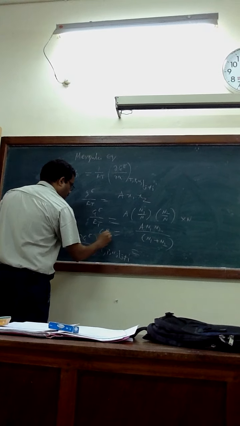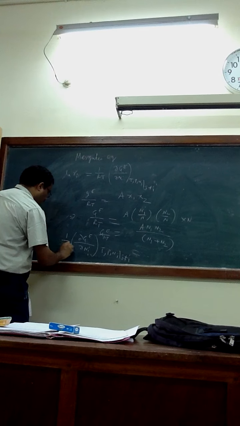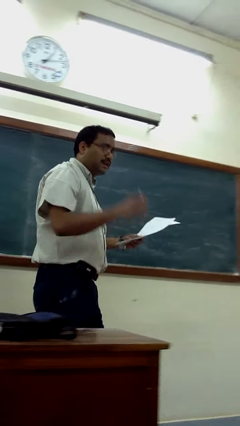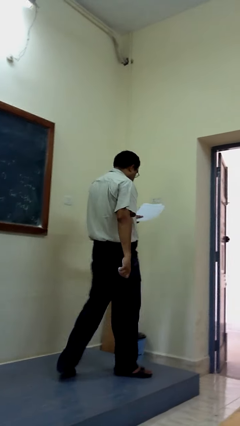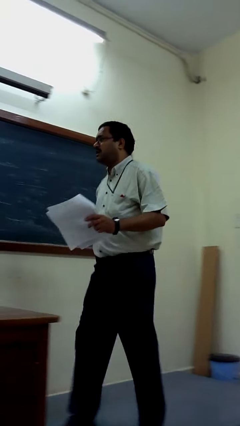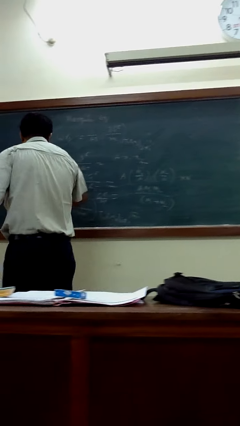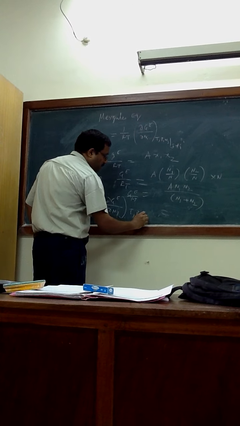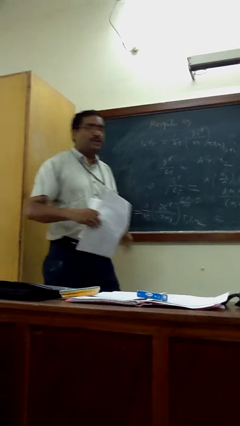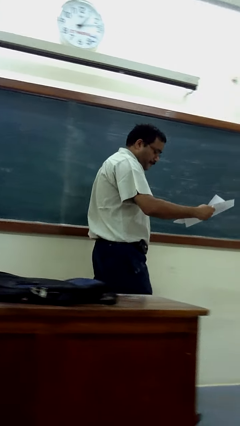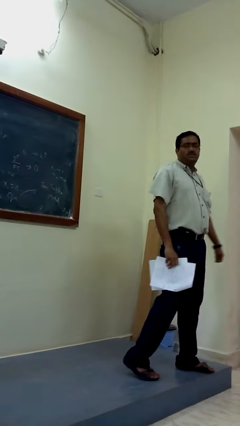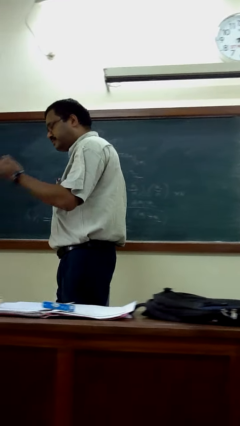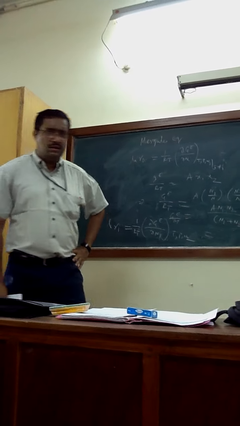Or you can directly have 1 by RT, so that will give you ln gamma i. This is better to write that way. ln gamma i is 1 by RT dou G by dou Ni. So ln gamma 1 first to calculate, and then I do ln gamma 2. ln gamma 1 will be 1 by RT dou G by dou N1 at T, P, N2. How much are you getting?